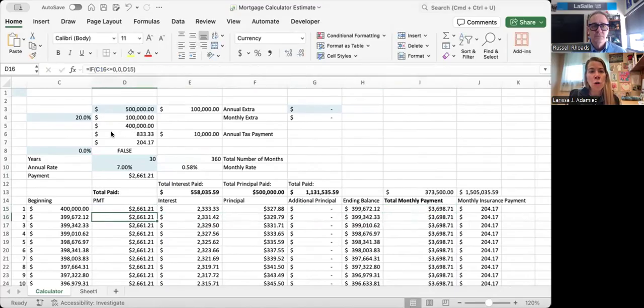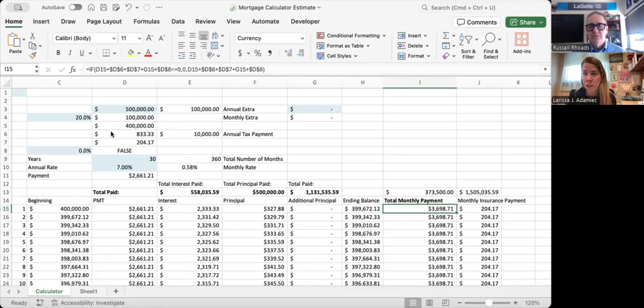Because your payment on the loan is going to be, in this example, 2,600 or almost 2,700. What the check you write out to the mortgage, though, is almost 3,700 due to the taxes and insurance.